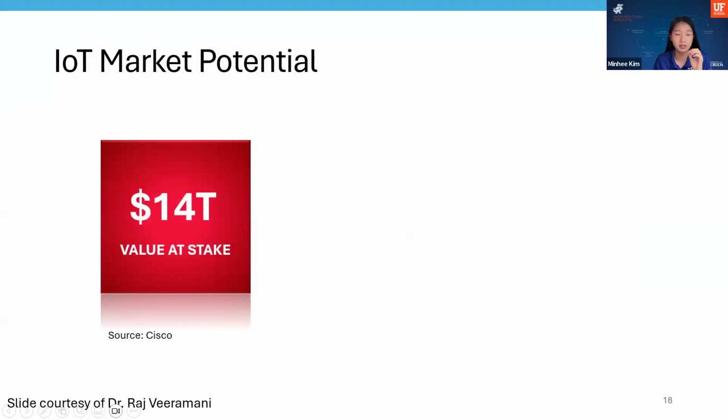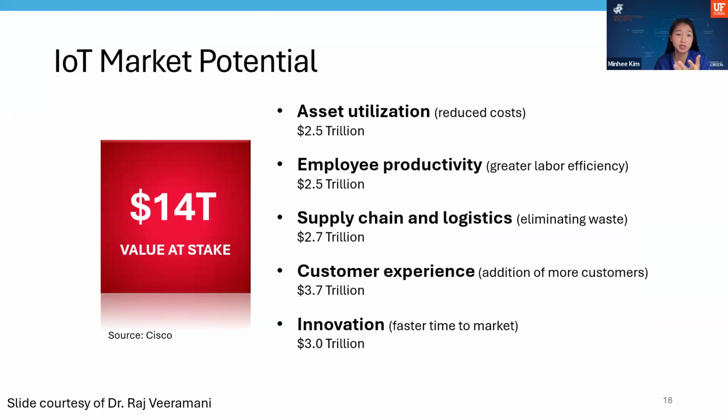And it is predicted, it's a prediction from Cisco, that IoT market potential will be able to reach $14 trillion, with savings coming from different aspects such as asset management, employee productivity, customer experience, and so on.